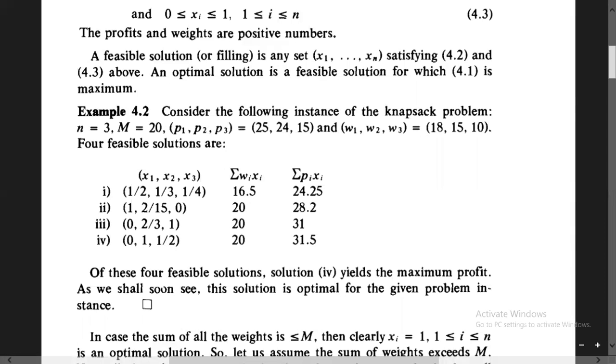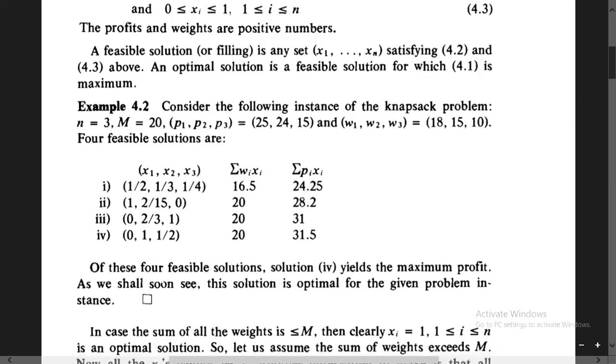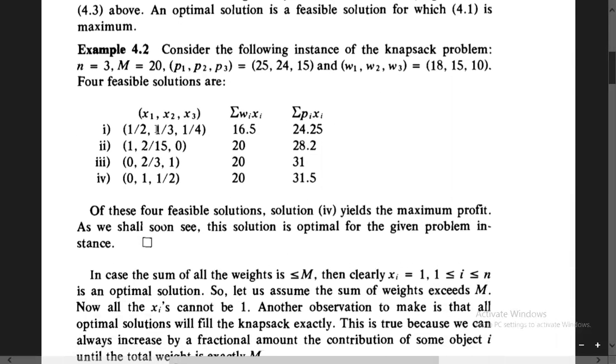Now, how do we solve this problem? There are 4 feasible solutions. In all the cases, the weight should be less than or equal to capital M. It means whatever items we are filling in the knapsack, it is not going to exceed the total capacity of the knapsack.